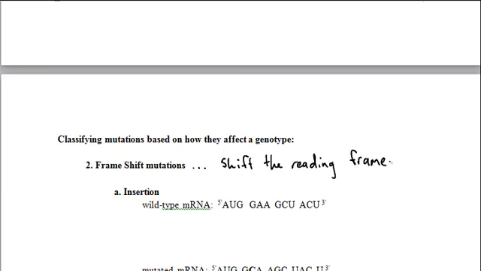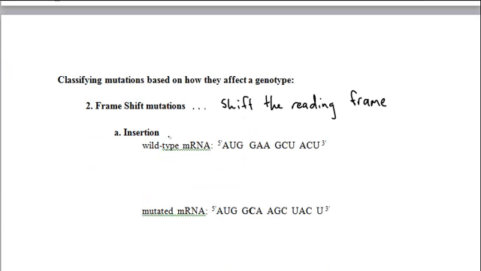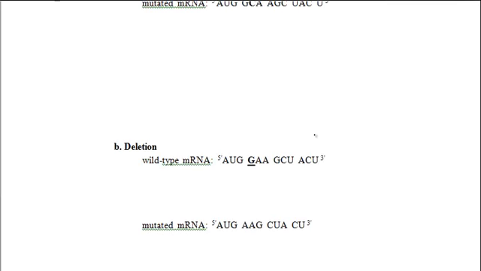And they can include insertions where you insert extra nucleotides, or they can be deletions where you remove some nucleotides.